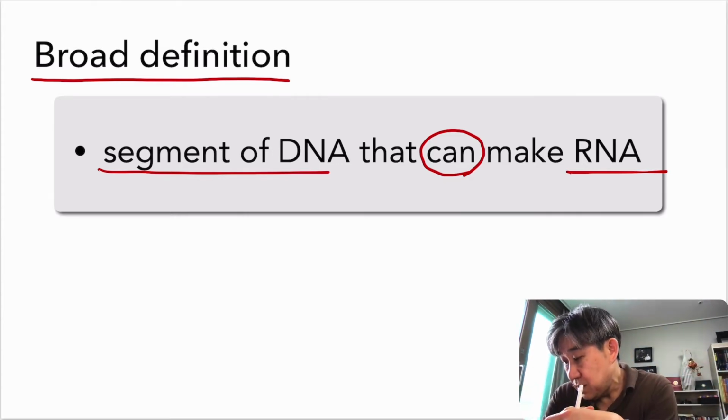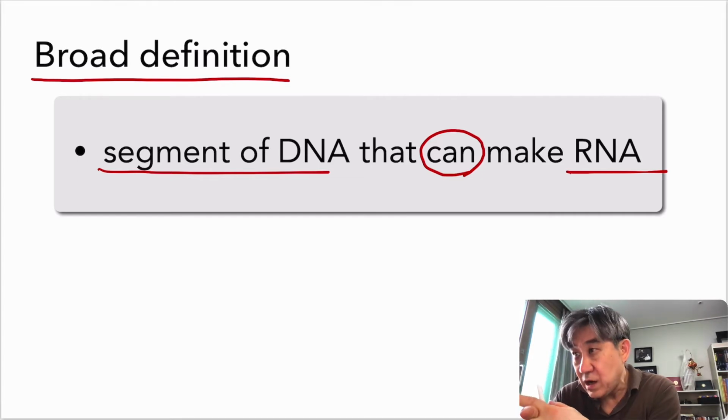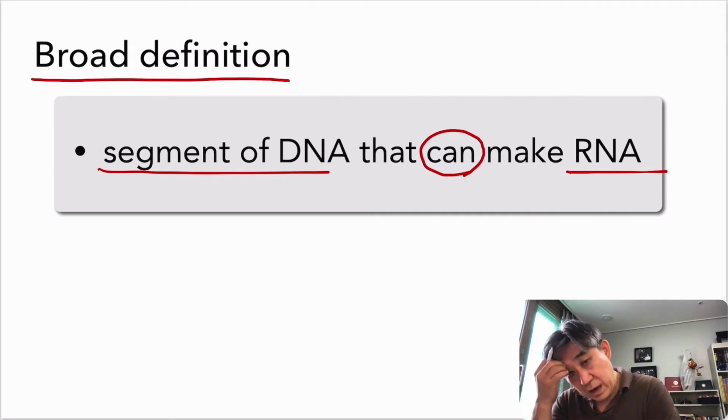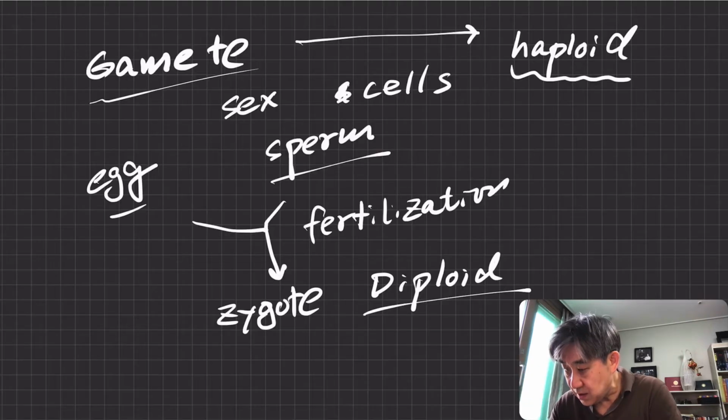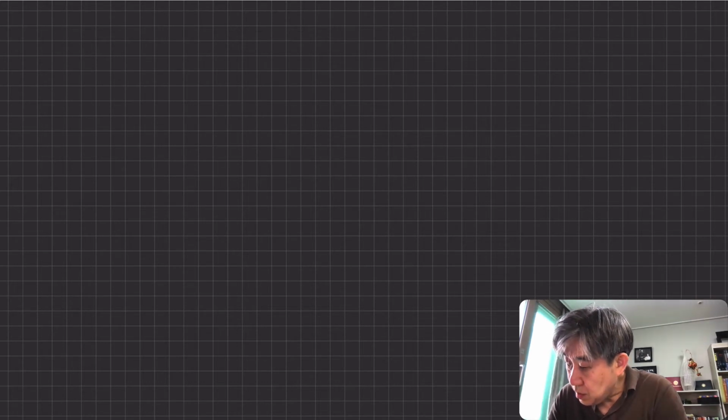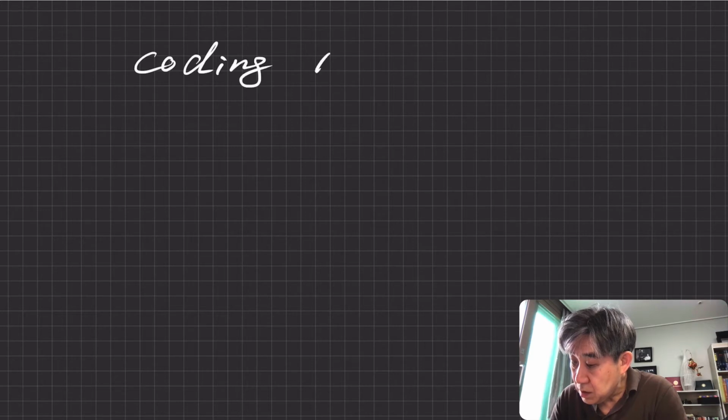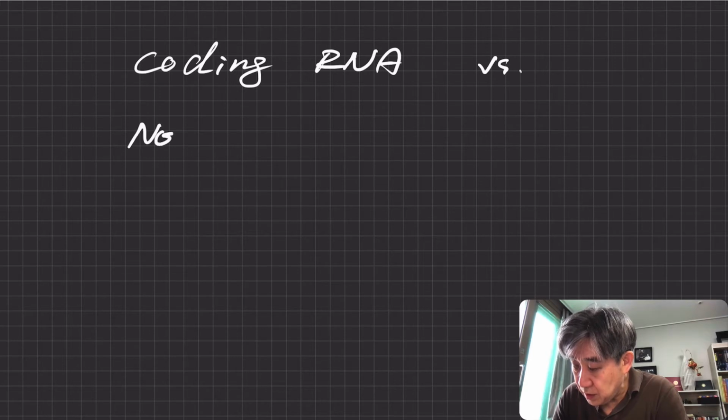Although I introduced three different types of RNA earlier in the class, now let's become a little bit more serious about how many different types of RNAs exist these days. But the reason why I bring up different kinds of RNA here is only this distinction: coding RNA versus non-coding RNA.